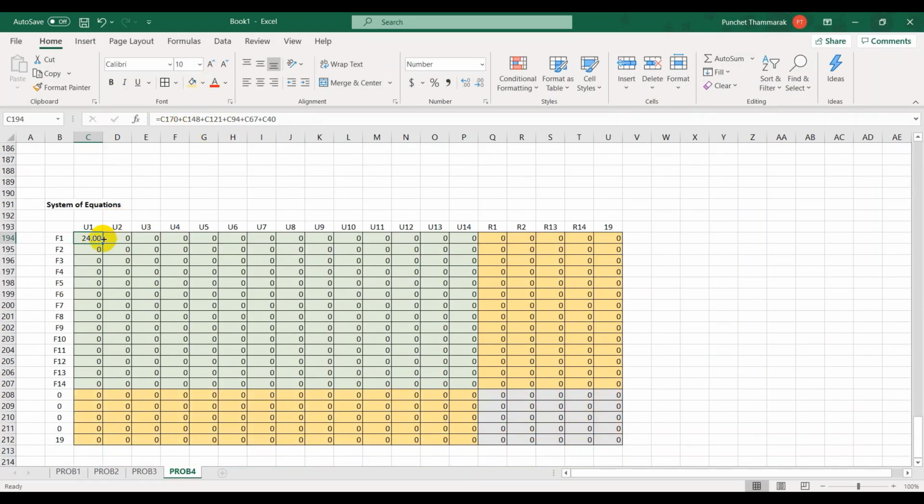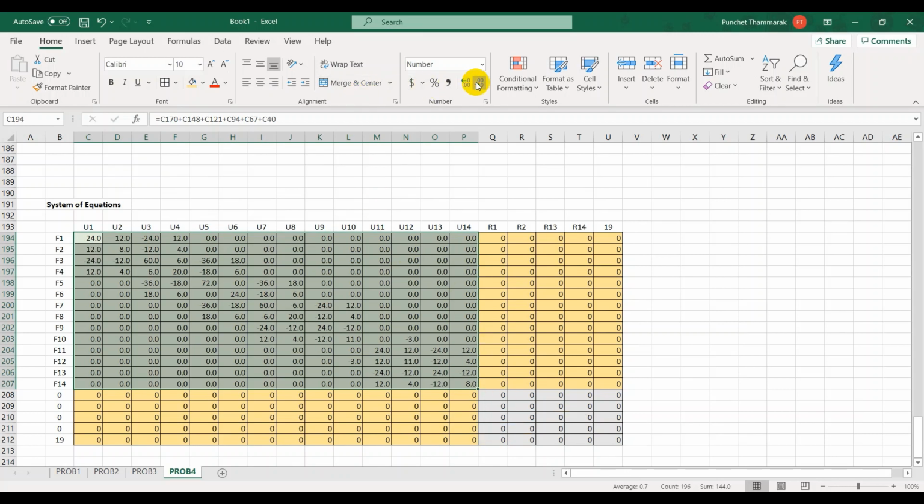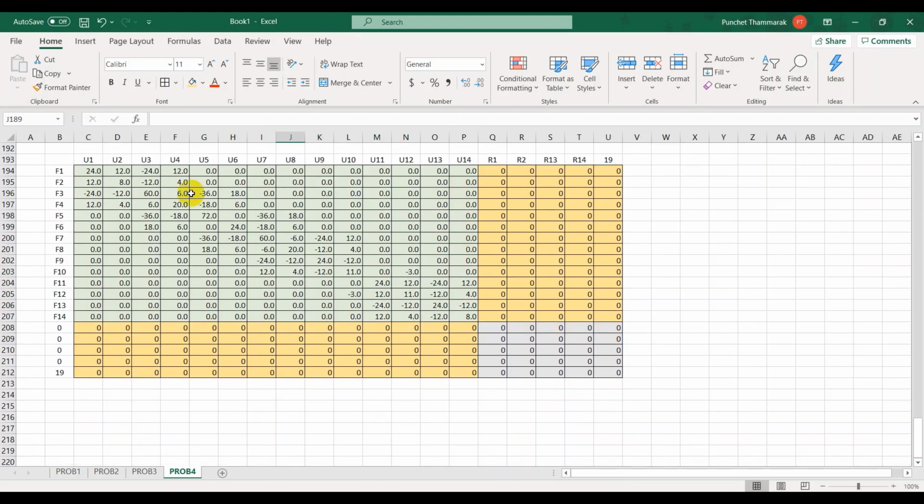Here's 10 already, just without formatting, and come down. I don't need a format, just need, yes. Okay, so this part is the stiffness.